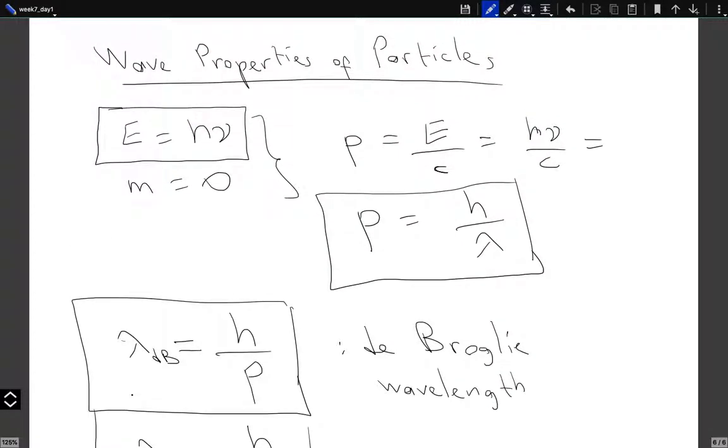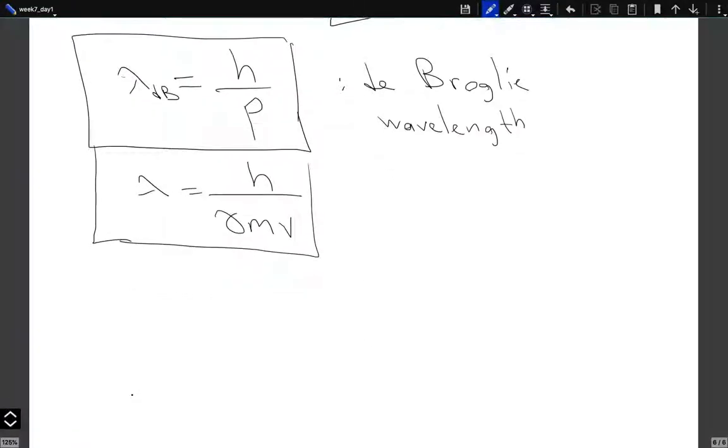What he did is he just exchanged these two quantities, if you like. But it should have many significant influences on how we interpret nature. You see, if it's a wave, we should be able to see interference patterns.